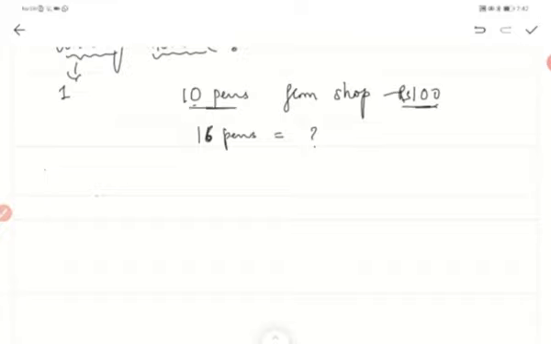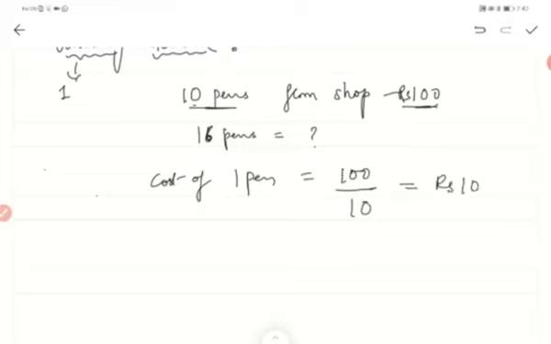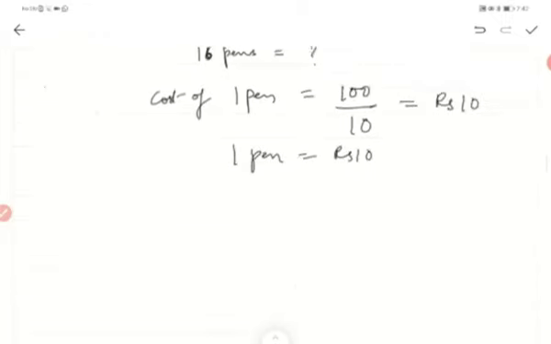I know the cost of 10 pens, so the cost of 1 pen is equal to 100 divided by 10, which is 10 rupees. Now I want to know the cost of 16 pens.